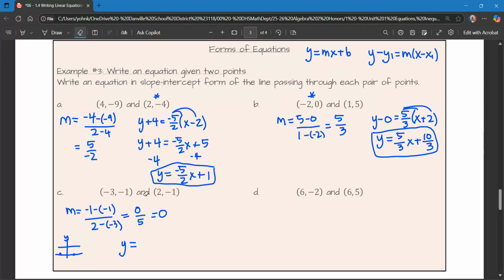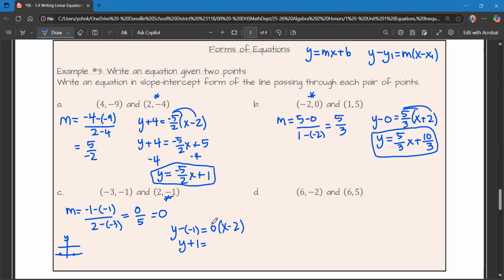Now, let's back up a step and let's just use the point-slope form, and I'll show you something weird that happens. So if I choose, let's say, the second point, and do y minus a -1 equals m, which is 0, times x minus 2. Then the left side is y plus 1. And on the right side, anytime I multiply anything by 0, I just get 0.